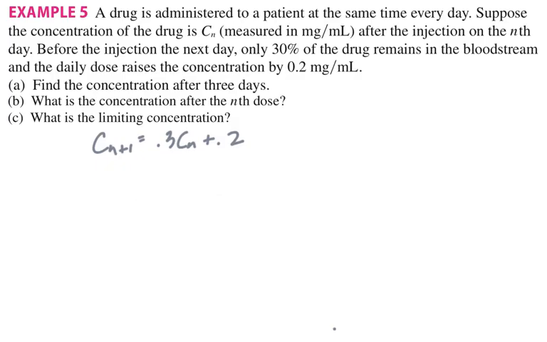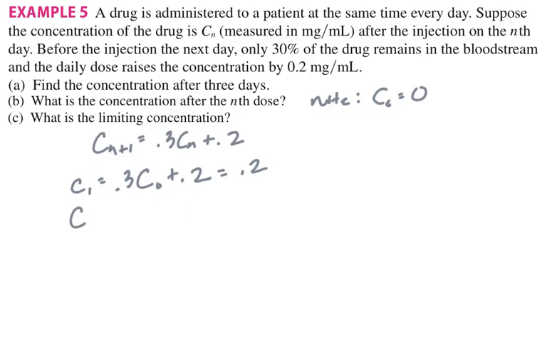Now, the problem says find the concentration after 3 days. So the concentration after 1 day is 0.3 C sub 0 plus 0.2. Well, on the day before, you didn't put any in, so that is 0.2. We could make a note up here that C sub 0 equals 0 because there was no drug in there.